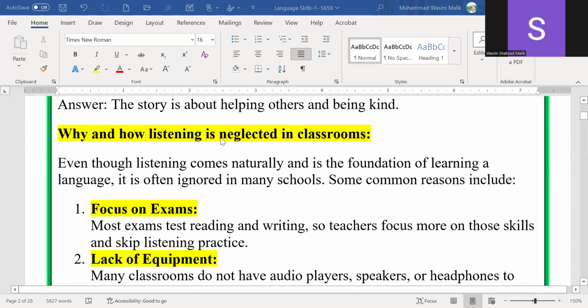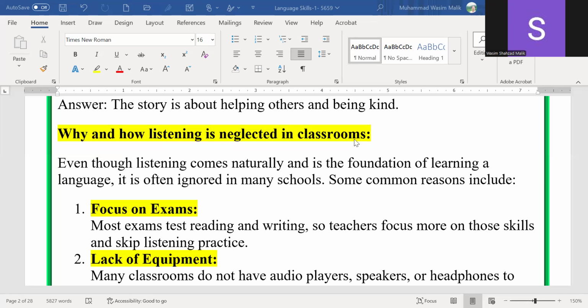Why and how is listening neglected in our classrooms? You know well that in Pakistan, in our schools, especially Urdu medium schools and the government schools, listening is the most neglected area.